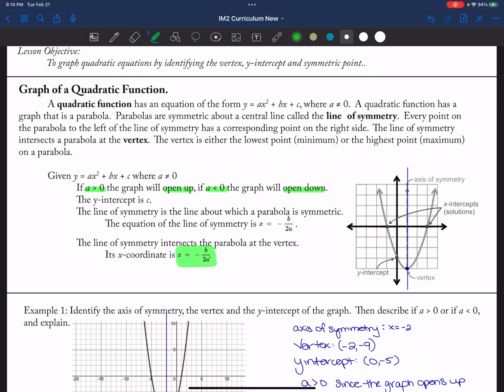Okay, so this is how to find my line of symmetry, which is also how to find the x value of your vertex, because the vertex lies on the axis of symmetry.